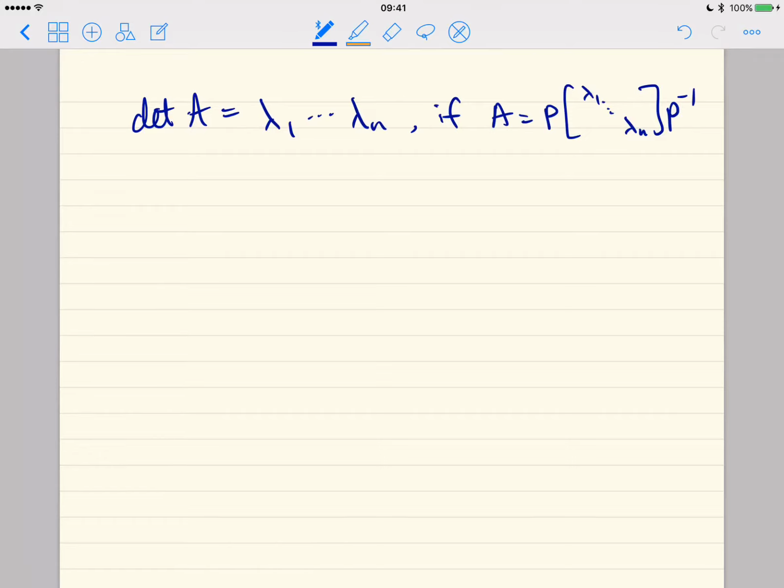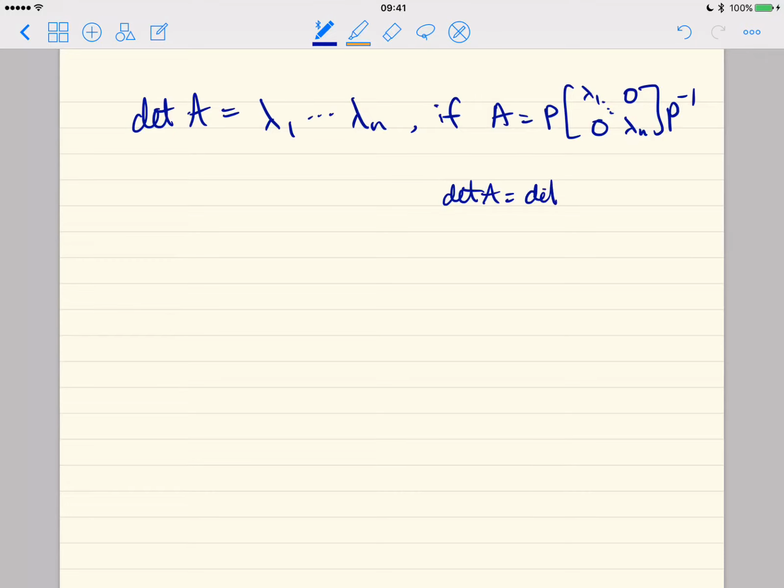So if A diagonalizes to a diagonal matrix with lambda 1 up to lambda n down the diagonal, then the determinant of A is the product of the diagonal entries. And one really easy way to see that is just apply determinant to both sides here.